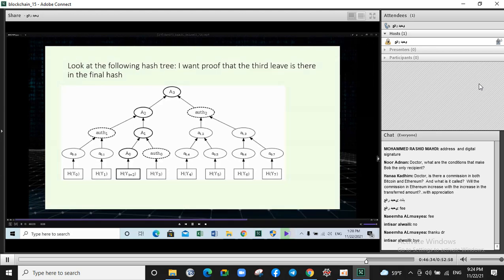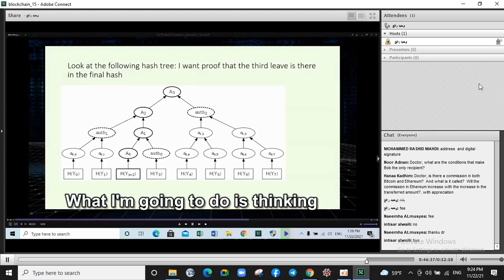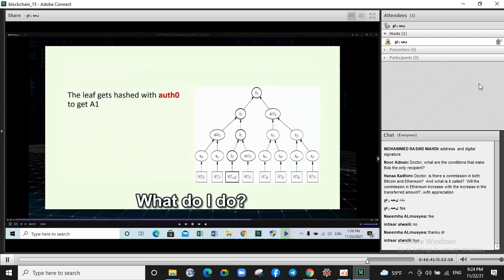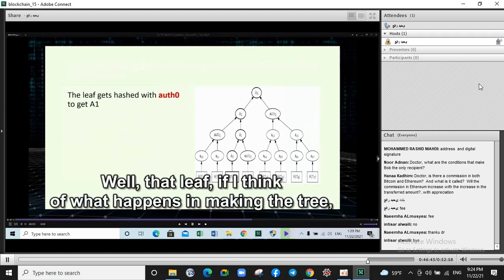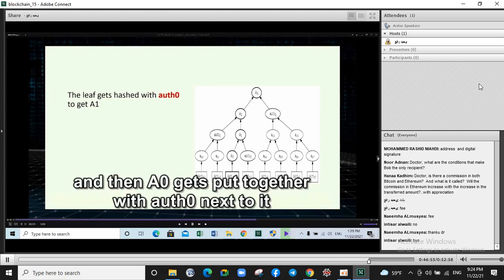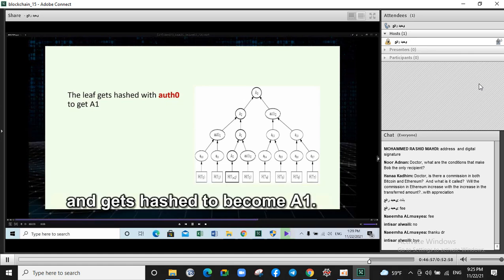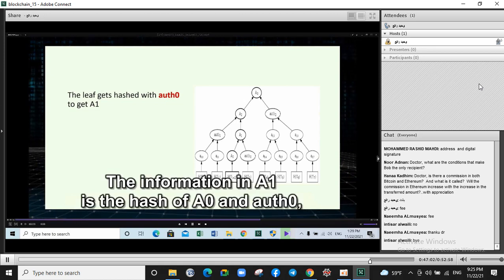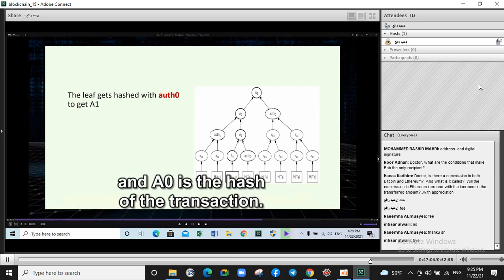If I think of what happens in making the tree, that leaf gets hashed up to A0, and then A0 gets put together with auth 0 next to it, and gets hashed to become A1. So the information in A1 is the hash of A0 and auth 0, and A0 is the hash of the transaction.